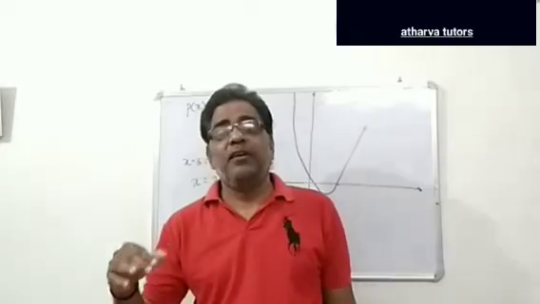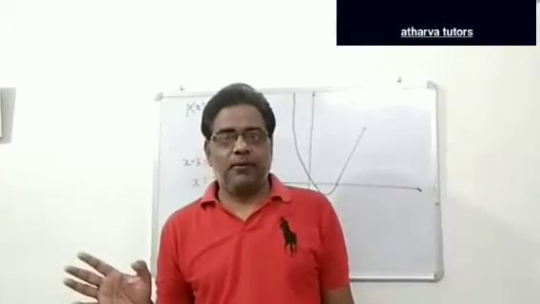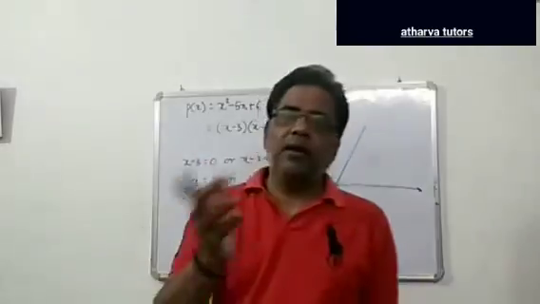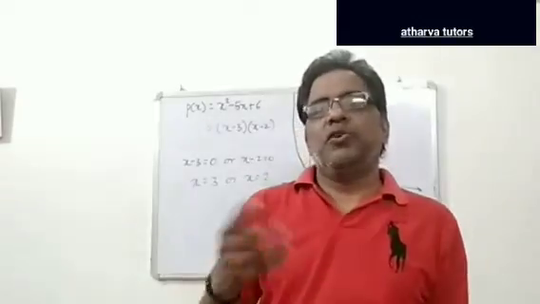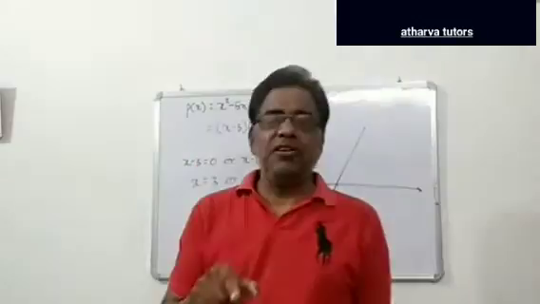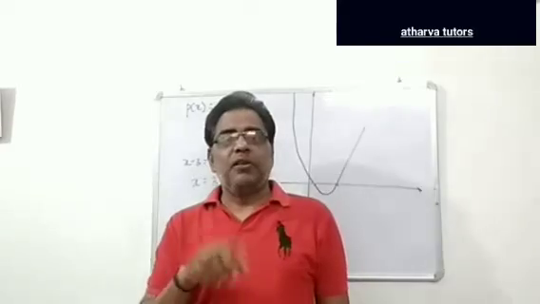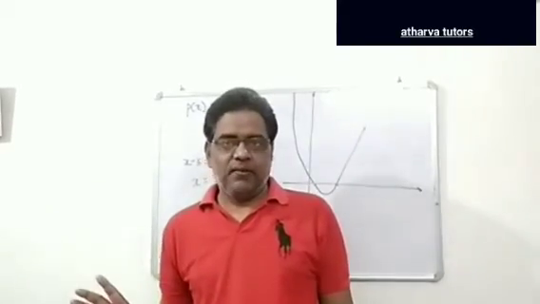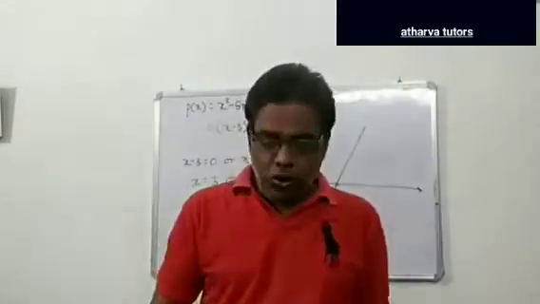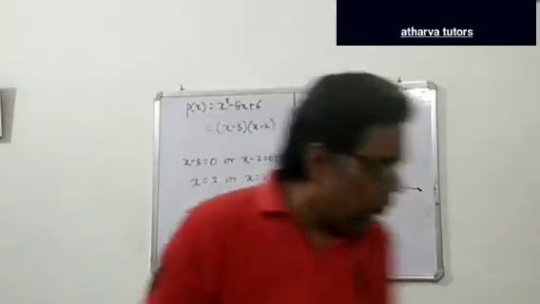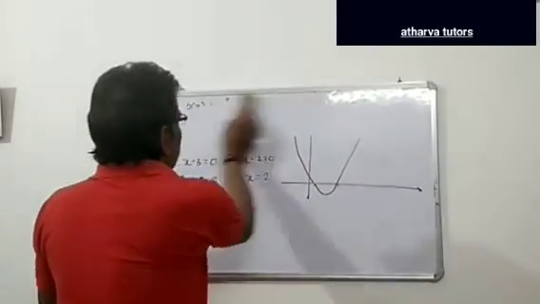It does not matter at how many points the curve is cutting the y-axis. What we are concerned with is at how many points the curve is cutting the x-axis. By that you can come to know the number of zeros of the polynomial.